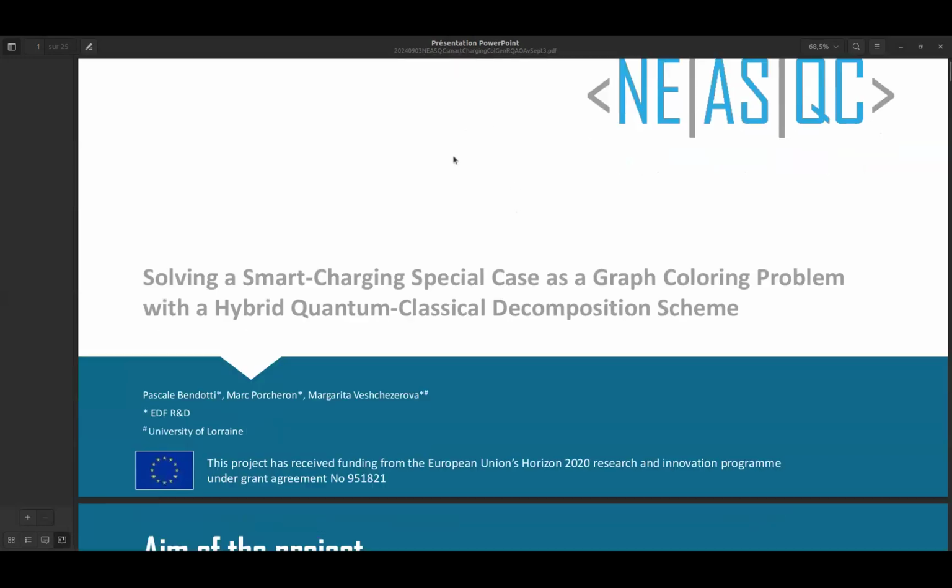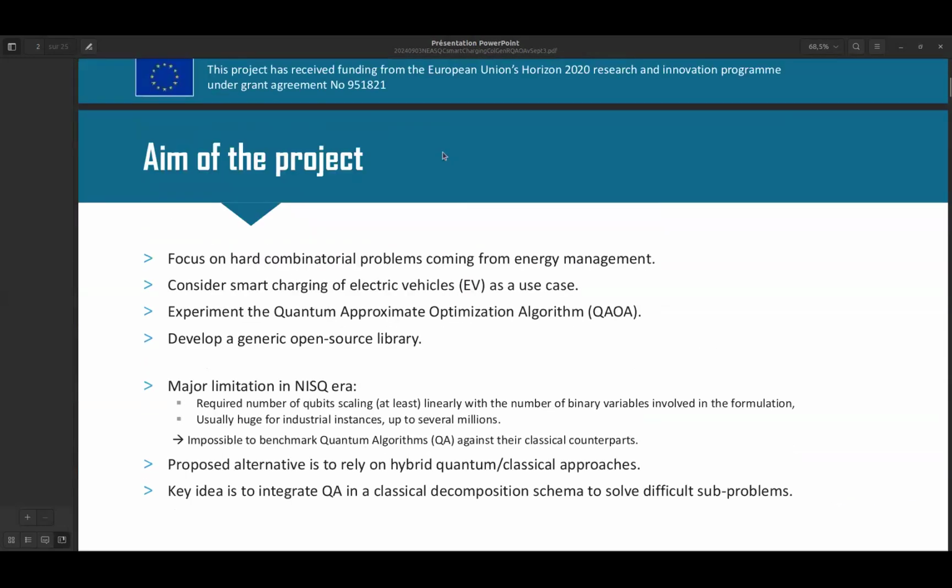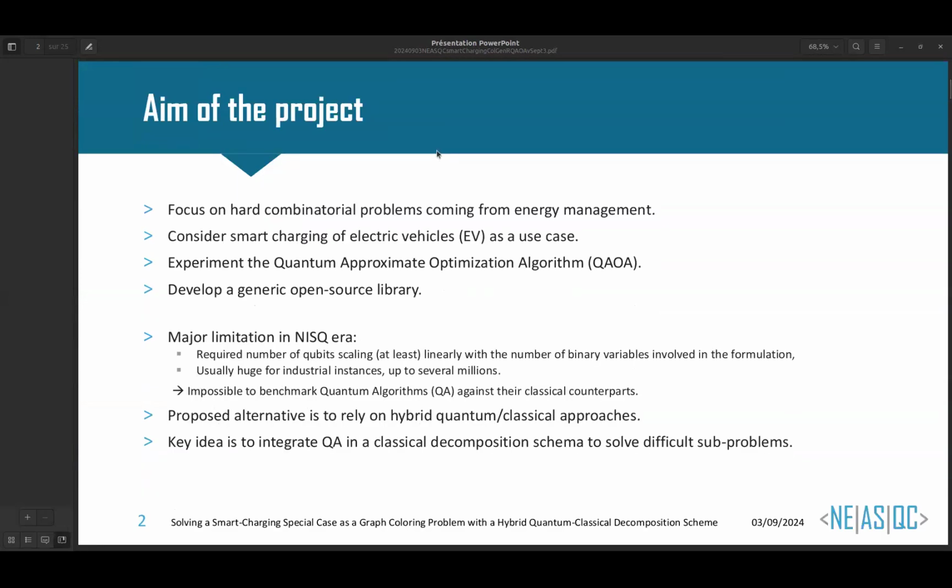Let's see. Do you see the next slide or not? Could you tell me if you see the second slide? Okay, it will not be the best way to do it, but it will work.